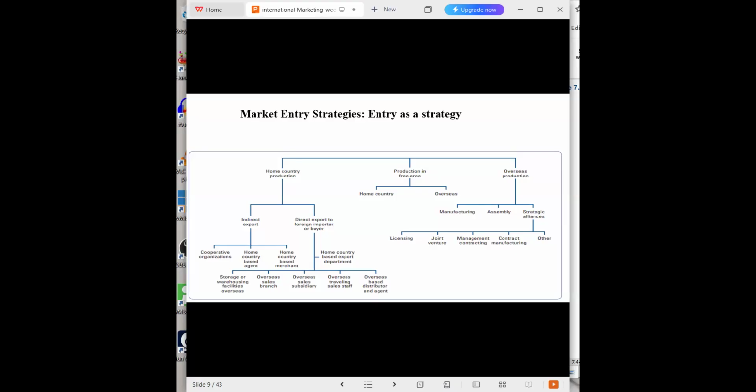But when you talk about indirect exports, they have to engage with different independent marketing organizations, cooperative organizations, and we're in the world since COVID-19. It's not compulsory that it has to be an organization.